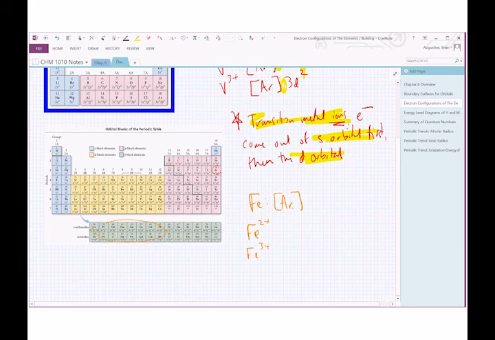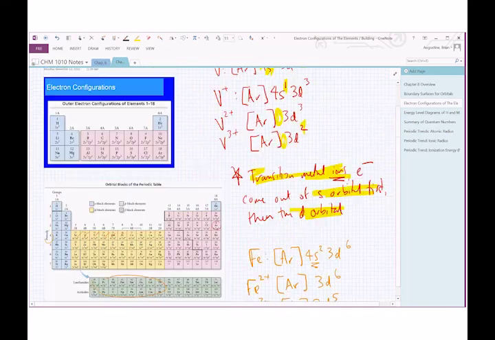The metal itself is argon, it's in the 4th period, 4s2, 3d6. Iron 2+, I pulled 2 electrons out. It's going to take them out of the s orbital. So it's argon 3d6, and iron 3+ is argon 3d5.